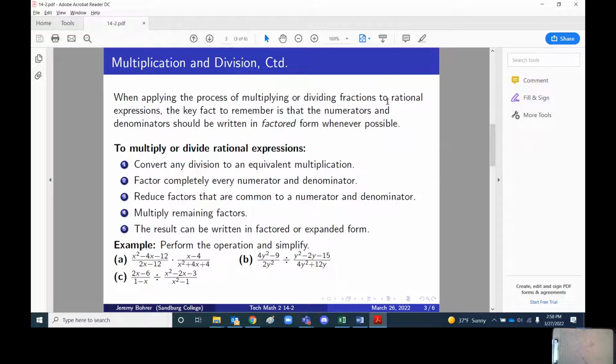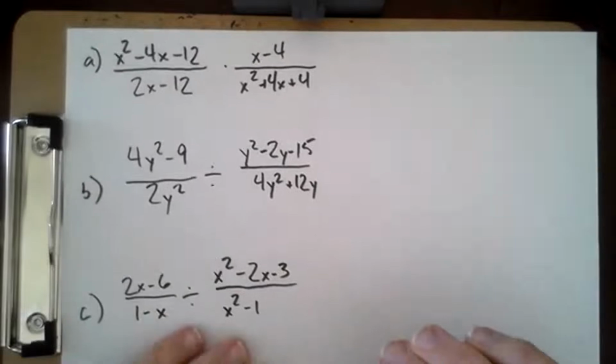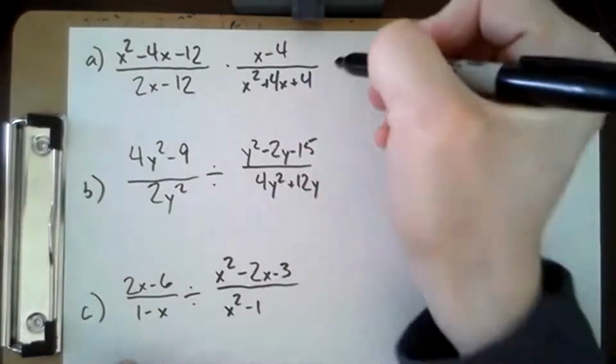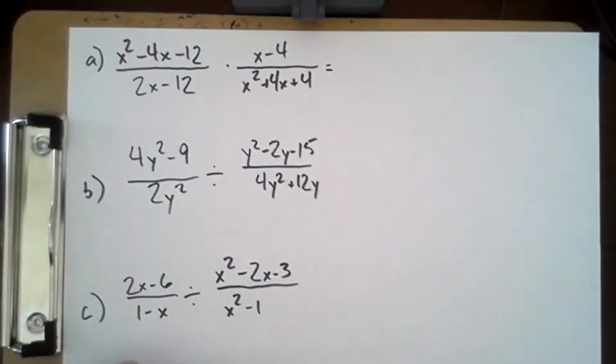On the next page, we're given 3 more problems where we're asked to perform the operations and simplify. A little more complicated here, but nothing we can't handle. We start by, at least with the multiplication, the first thing we're going to do is factor.